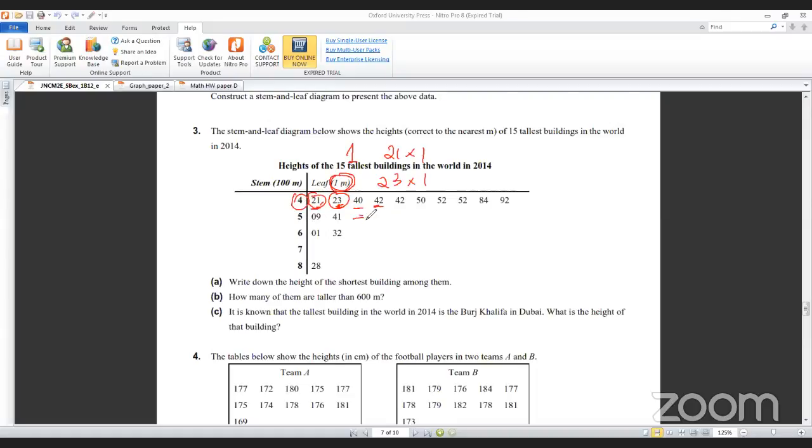And therefore, on the second row, there are 2 data. One is 509. The other one is 541. And then I have 601, and then 632. And then I have no data with 700 something, but I still need to write 7 here and leave this part empty. And then the next one will be 828.